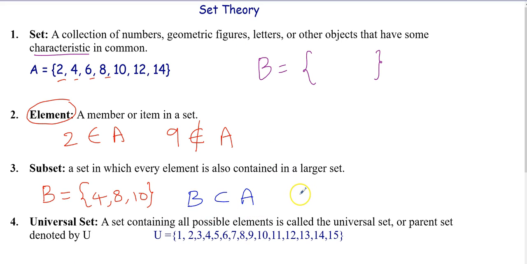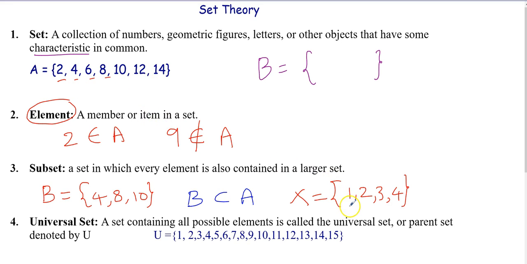Now let me take another set X. Let us say X has 1, 2, 3, 4. And is X a subset of A? No doubt, X has only 4 elements and A has more than 4 elements.